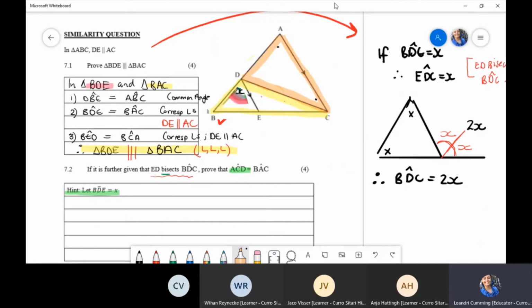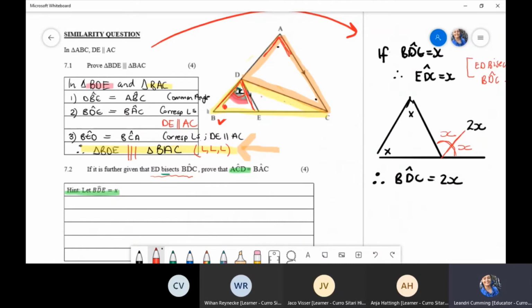What we do have here is that we've already proven that these angles are similar with our previous proof. That one was the shared angle: angle B is equal to angle B, the common angle, and angle D is equal to angle A. That's what we've proven from similarity. Similarity gave us that angle D, this angle in our original small triangle, is equal to angle A.